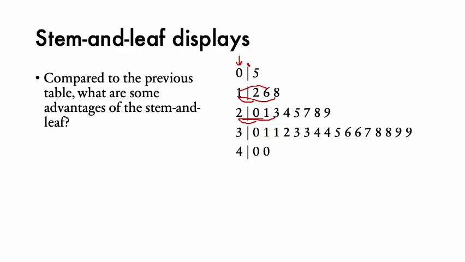For a stem and leaf display to work, obviously we need at least two numbers, right? We need at least two figures in order to do that. It can be a decimal.